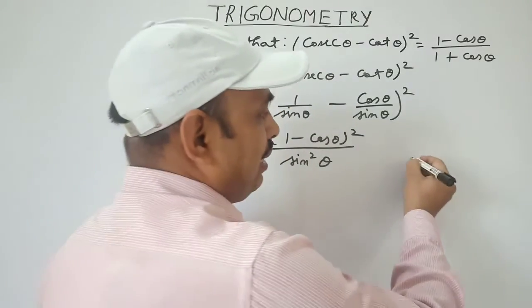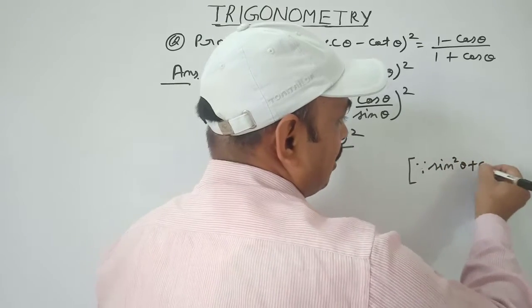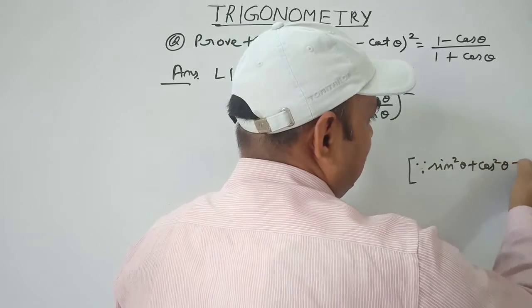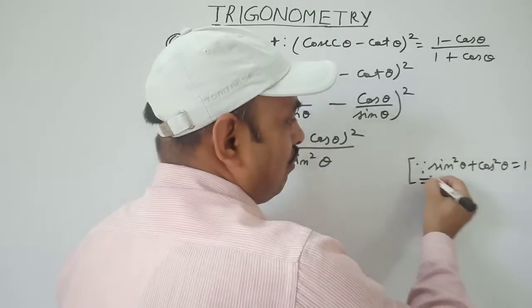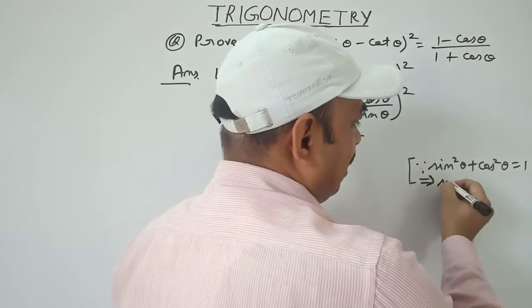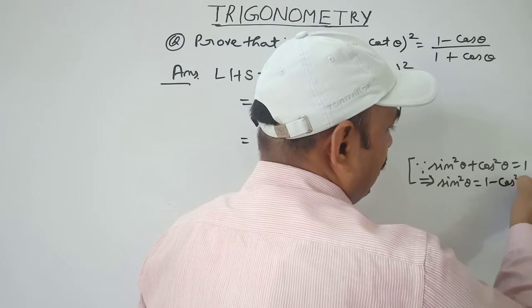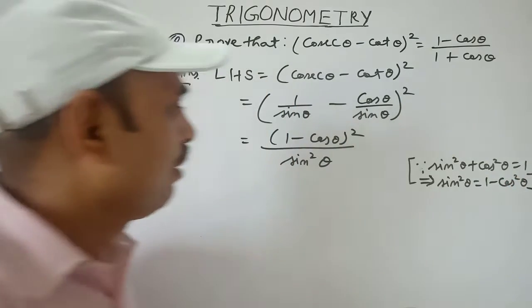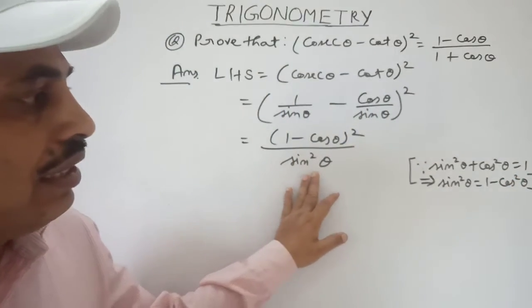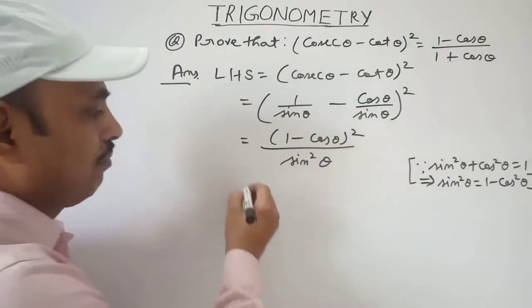We know that sin square theta plus cos square theta is 1. From this relation, value of sin square theta is 1 minus cos square theta. So we will put sin square theta equal to 1 minus cos square theta.